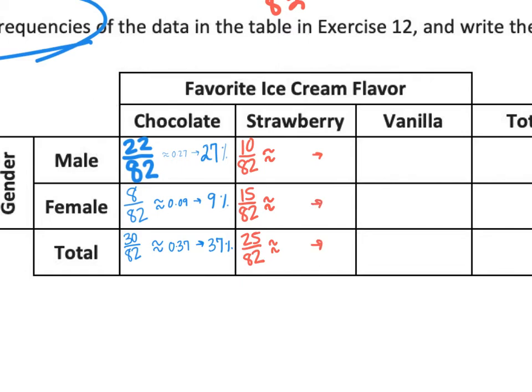And then for this last row, I want you to do it as well. We had 13 out of 82. 14 out of 82. And 27 out of 82. So please find those relative frequencies.